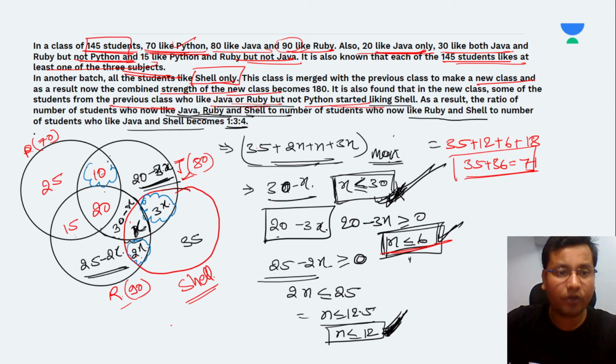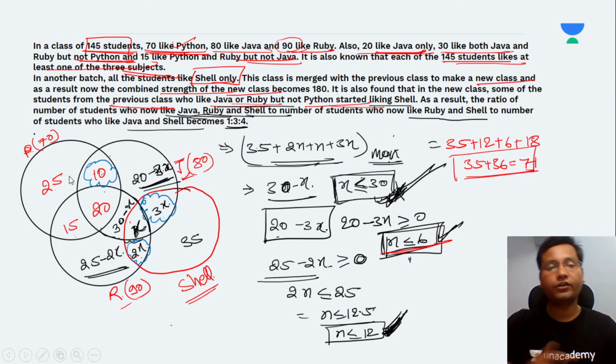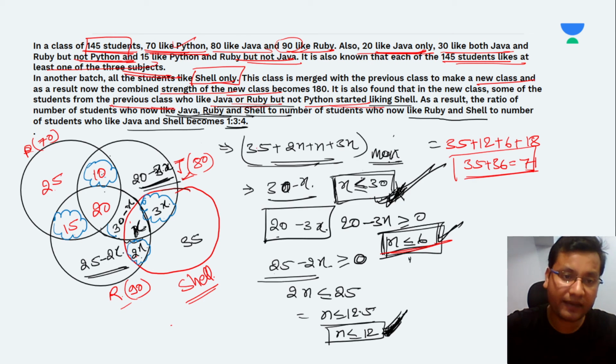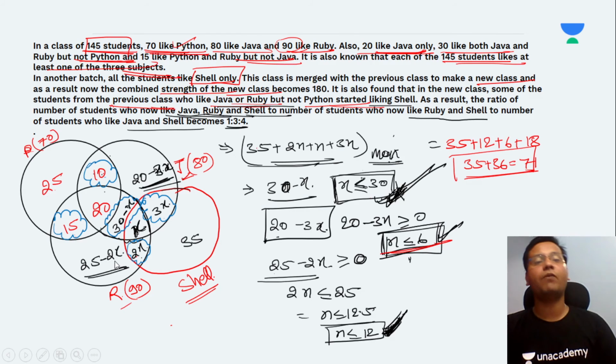This 10 is also exactly 2, that is Python and Java. This 15 is also exactly 2, that is Python and Ruby. And if you see carefully, 30 minus x is also exactly 2 languages, that is Java and Ruby.